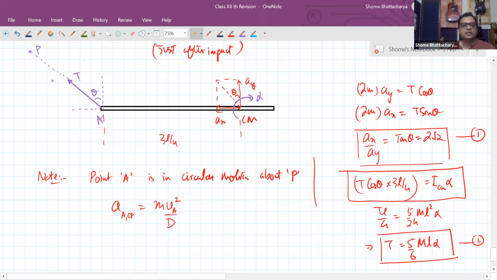So I'll take you back to that earlier picture to understand how much that VA is. VA will be along this line. Okay, so we'll get this value. Okay.